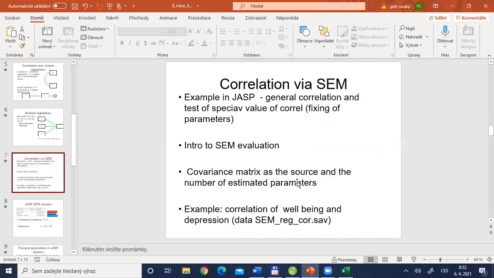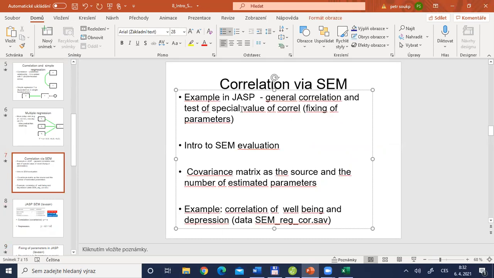So here we have only a description of our first task. We would start first of all with a model for correlation, and we would compute not only the basic model, but we will also learn how to test special values of correlation.